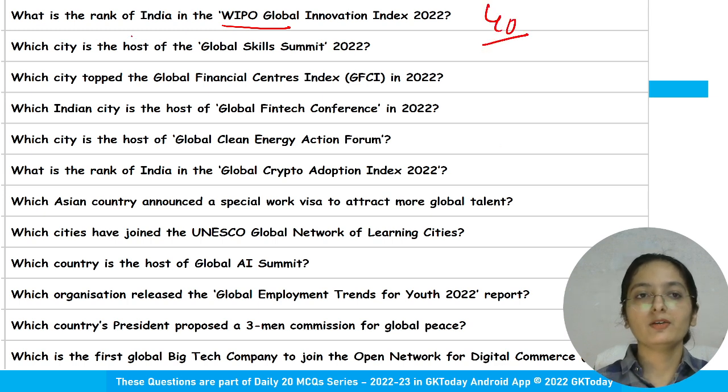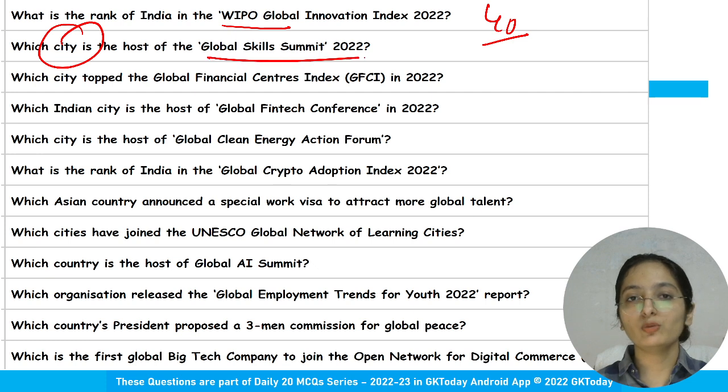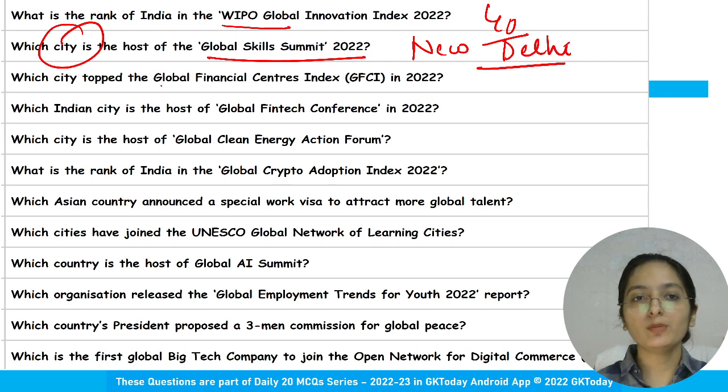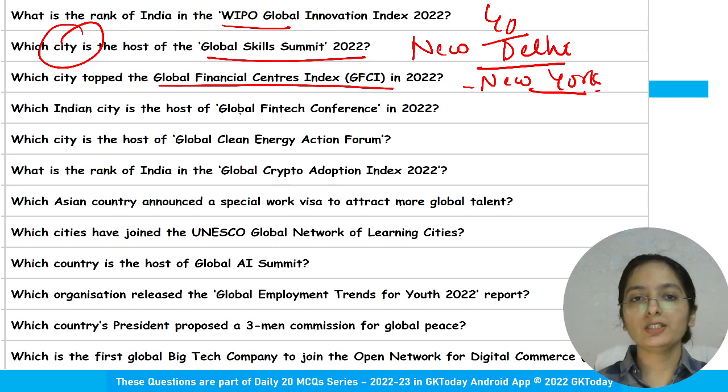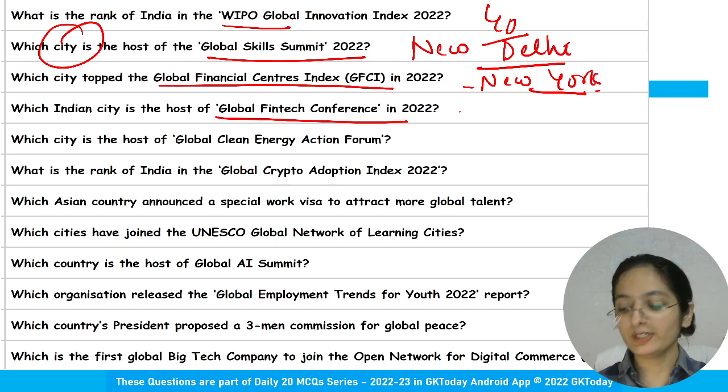Right. Which city is the host of Global Skills Summit 2022? New Delhi. Which city topped Global Financial Centers Index in 2022? New York. Which city is the host of Global FinTech Conference in 2022? Mumbai.